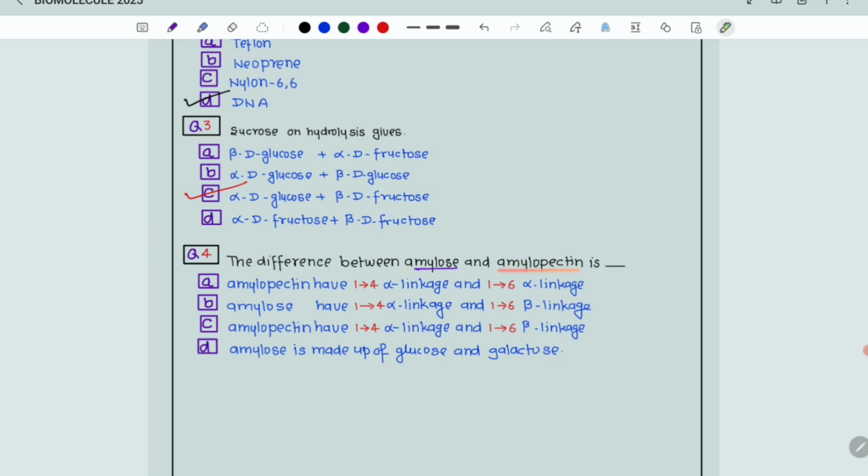Amylose is made from 1,4 alpha linkages, and amylopectin also has 1,6 alpha linkages. So in amylose there is 1,4 linkage, and in amylopectin there is 1,6 linkage. So option A is the correct option.